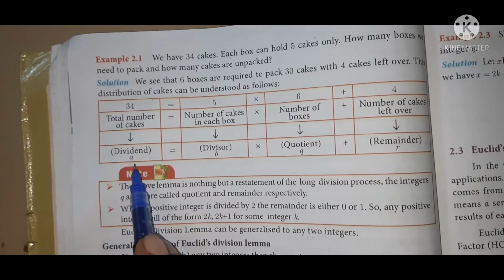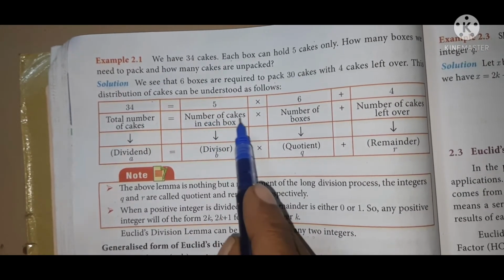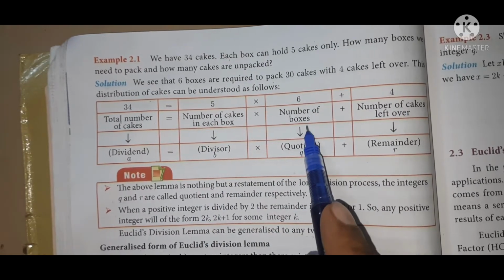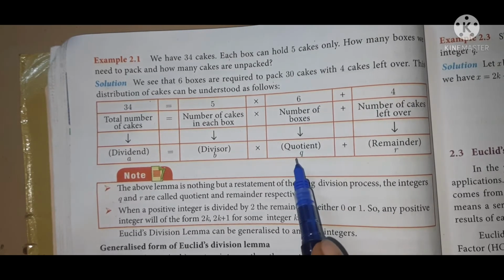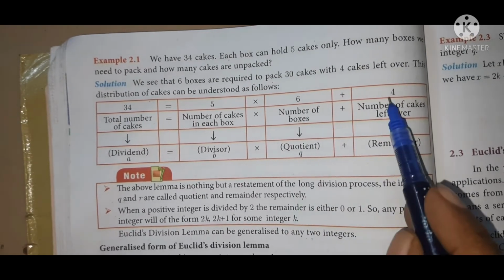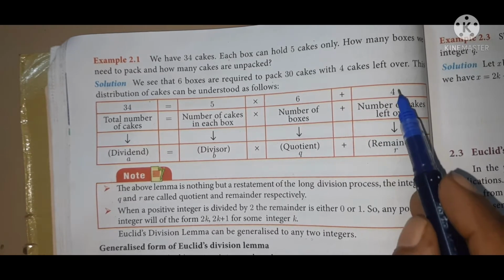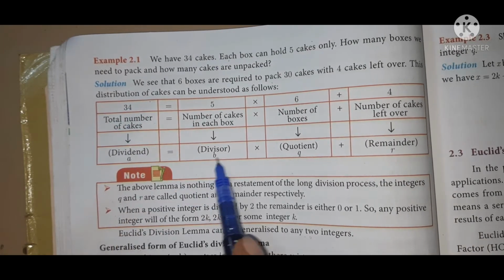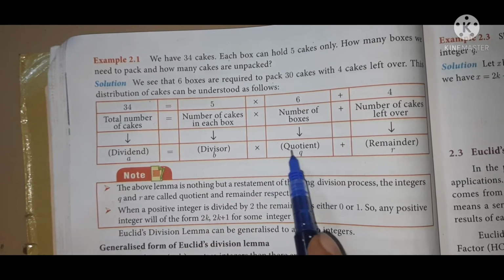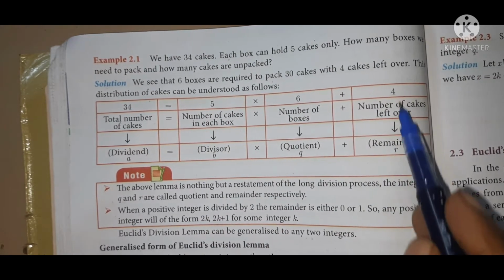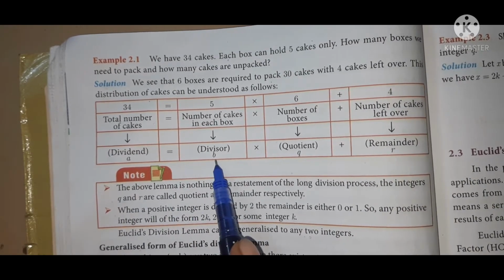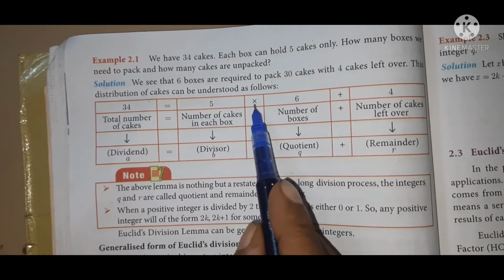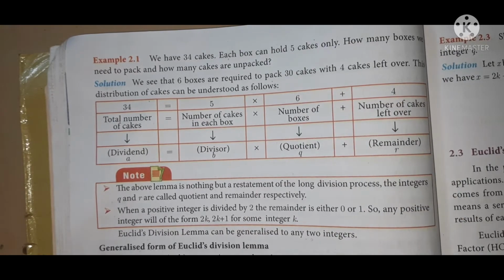Total number of cakes a, the dividend, is equal to number of cakes in each box, 5, that is divisor b, into number of boxes, 6, that is quotient q, plus number of cakes left over, 4, that is remainder r. a is the dividend, that is 34. b is the divisor, that is 5. q is the quotient, that is 6. r is the remainder, that is 4. a is equal to b into q plus r, that is 34 is equal to 5 into 6 plus 4.